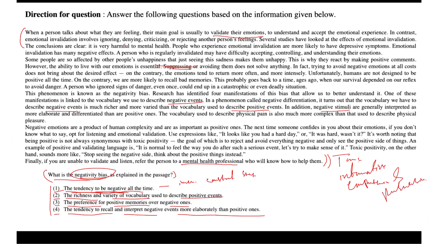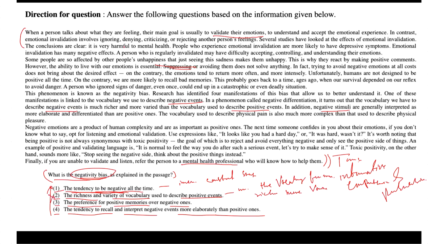Now, option two is also incorrect, as the passage indicates that the vocabulary for negative events is richer and more varied, not for positive events. Hence, option 1 and option 2 are both eliminated.